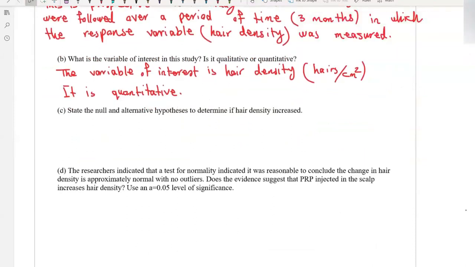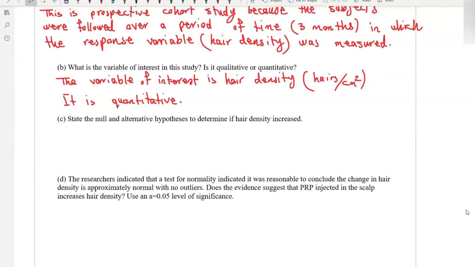Now part C, it's asking to find the null and alternative to determine if hair density increased. Here we have increased, meaning that for the alternative I have to use right tail.